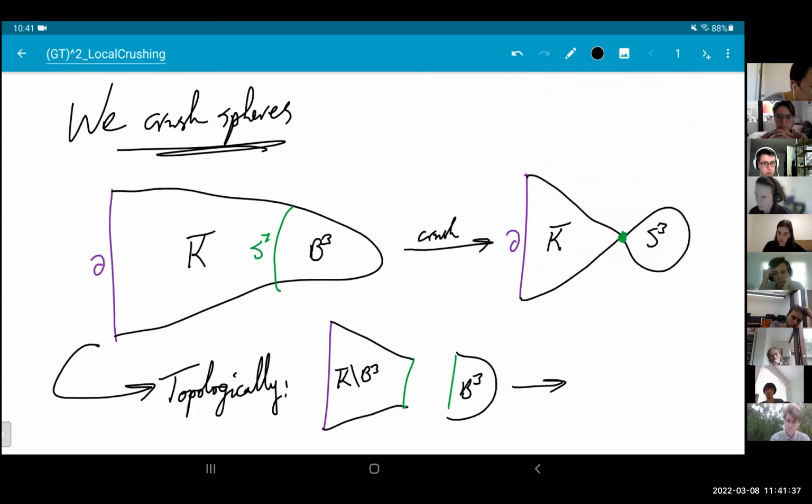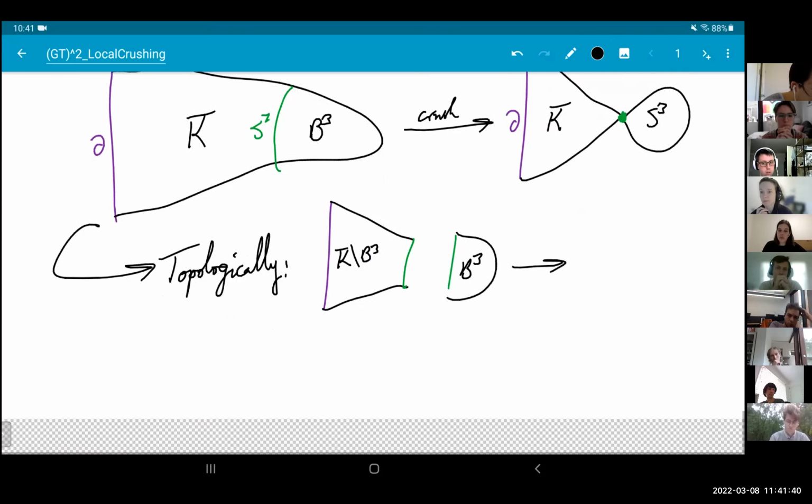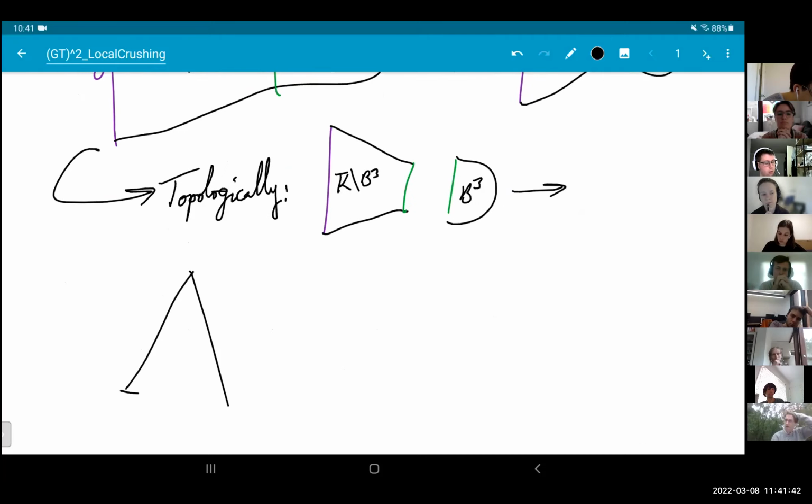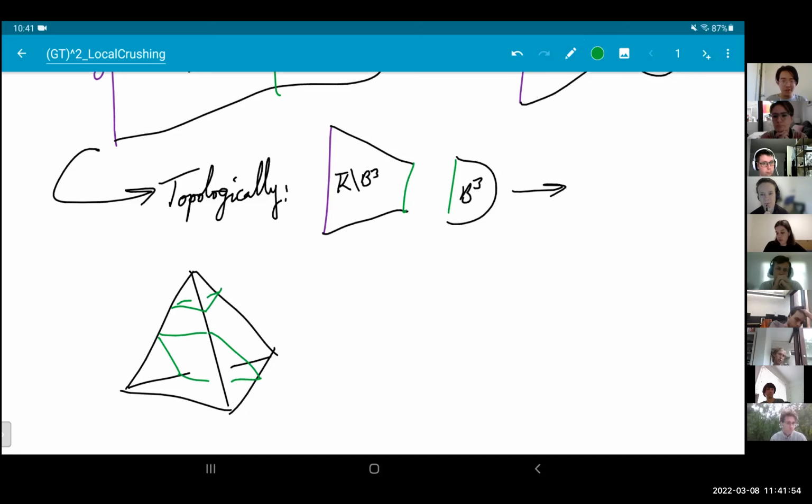That's great, but we have a problem, which is what happens in the triangulation, right? In the triangulation, say we've got something like this. Because of the quotient, all of these triangles and quads become points when we crush. So the triangle becomes this point. And what do we have going on?